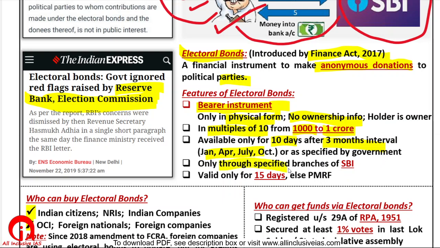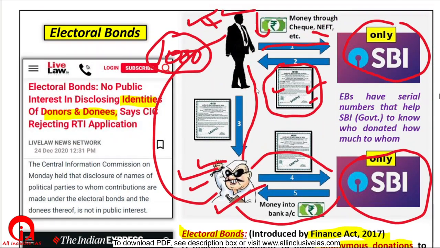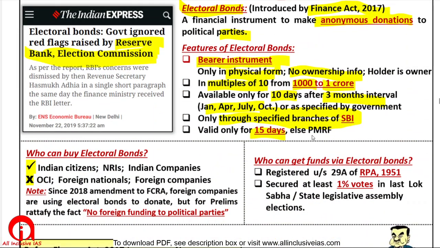It can be purchased only through specified branches of SBI and it is valid only for 15 days. When Ambani ji got the bond from SBI, then within 15 days Netaji has to encash it from SBI. Otherwise that money will go to the Prime Minister's Relief Fund.